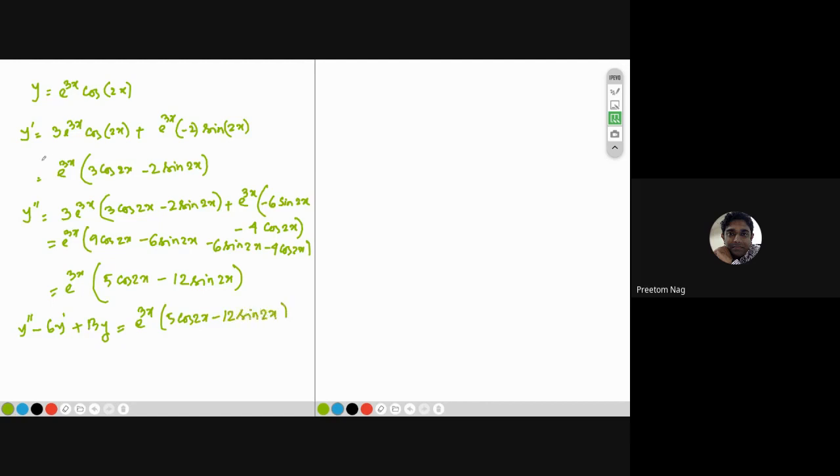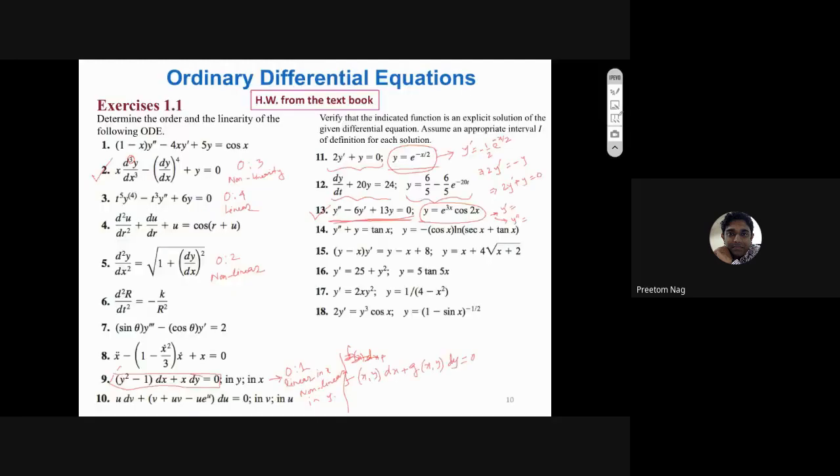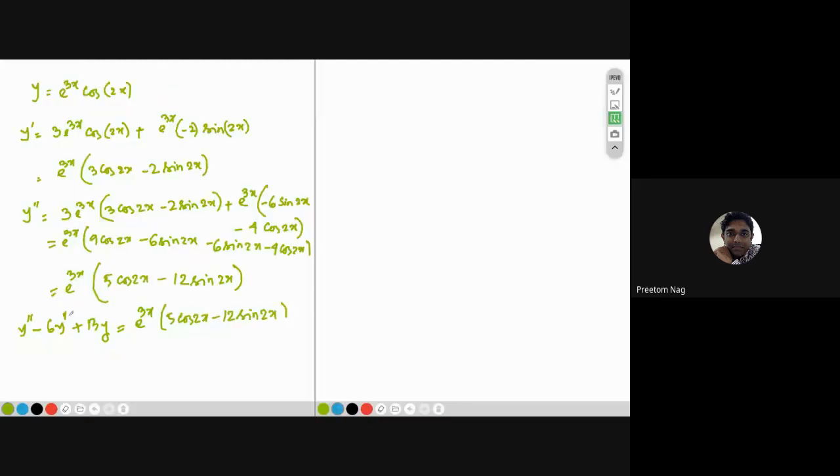Then minus 6y prime, which is e to the power 3x (18 cos 2x minus 6 into 2, 12 sin 2x), right?